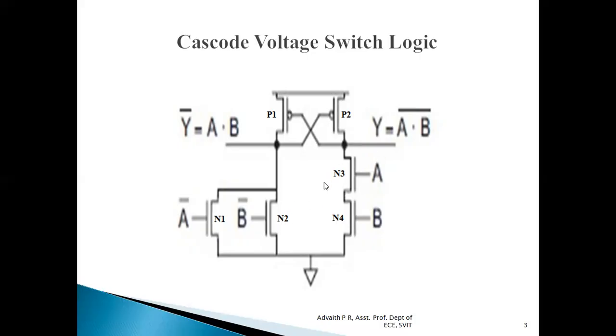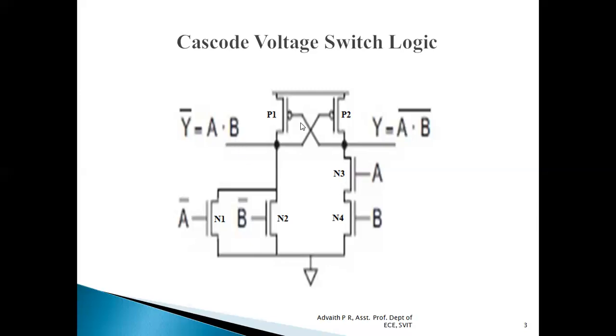For one of the pull-down networks, we are using non-inverted inputs. For the other pull-down network, we are using inverted inputs. Ultimately, the pull-down network is connected to ground and the pull-up network is connected to VDD. Towards the right-hand side, the output which we get is the NAND gate output, A dot B the whole bar. Towards the left-hand side, the output which we get is the AND gate output, A dot B.